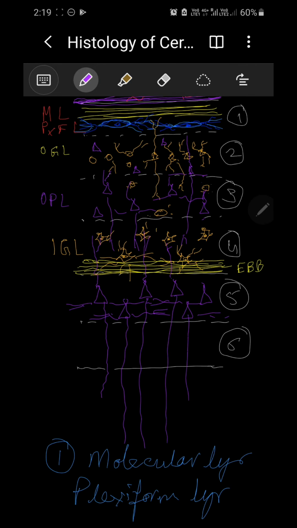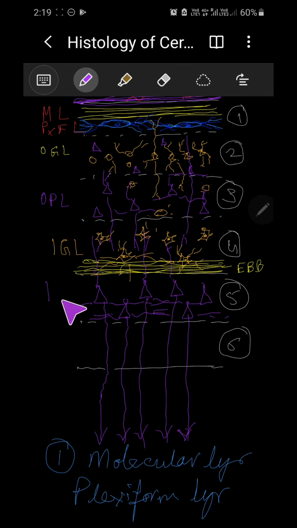I have drawn this arrow so that you remember that these are the efferents, and these fibers descending down from these large pyramidal cells will form the projection fibers.